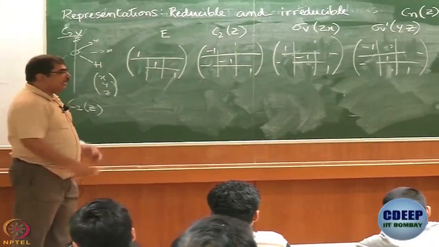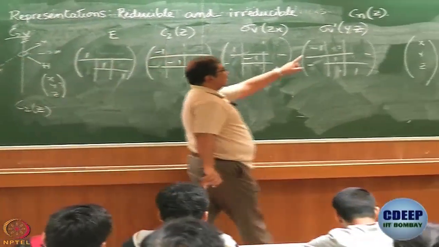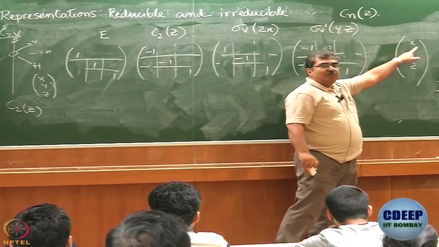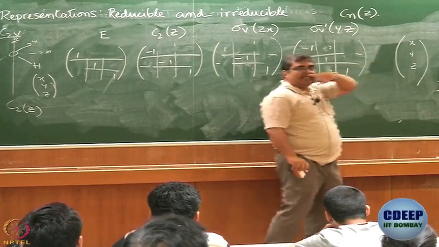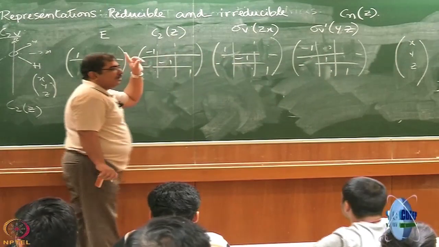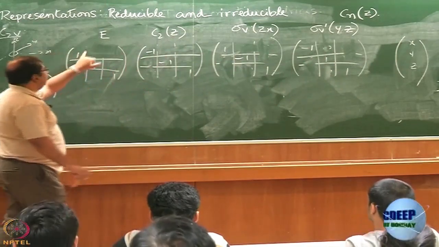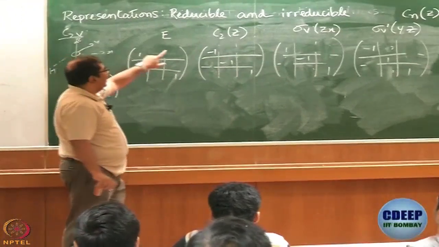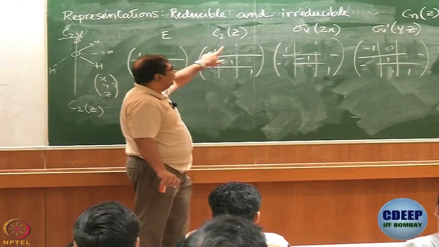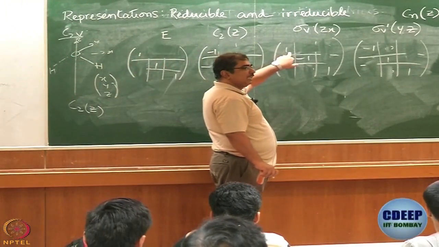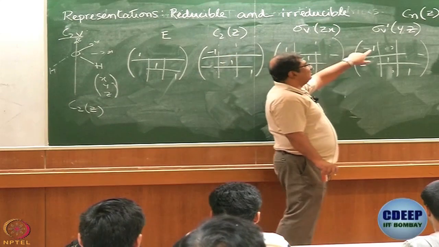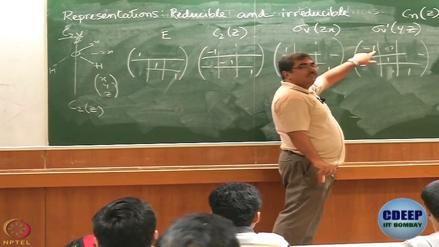Okay. Now, think about x. How does x transform with each symmetry operation? It is symmetric with respect to E, antisymmetric with respect to C2, symmetric with respect to sigma v zx, antisymmetric with respect to sigma v dash yz.